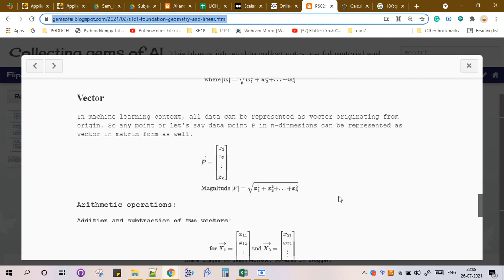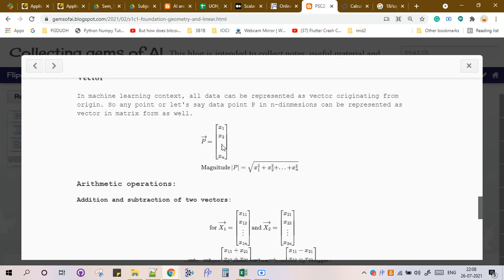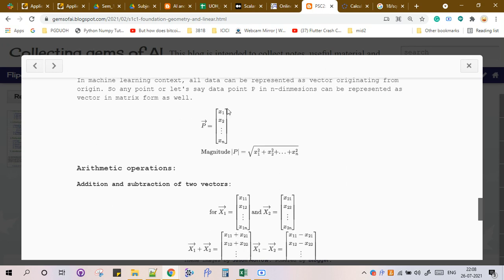So one end, or you can say the tail of a vector, is always the origin. In physics you can have any vector in the space. The origin can be anything, head can be anything, and tail can be anything, right? But in machine learning it would be originating from the origin only, right? And by default it's a column vector if nothing is given, right?